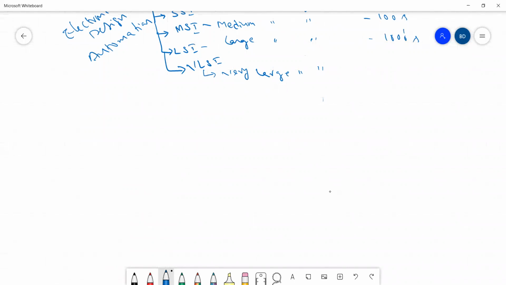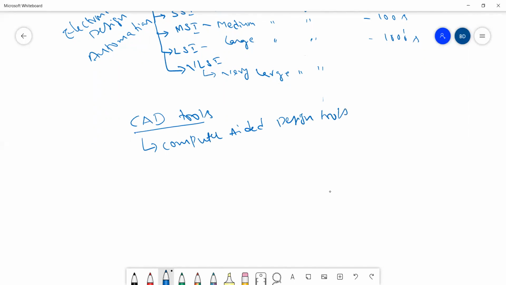These circuits were tested on the breadboard, and the layout was done on paper or by hand on a graphic computer terminal. For this, they used CAD tools. CAD means computer aided design. Technically, these CAD tools refer to the backend tools that perform the functions related to placing, routing and layout of the chip.